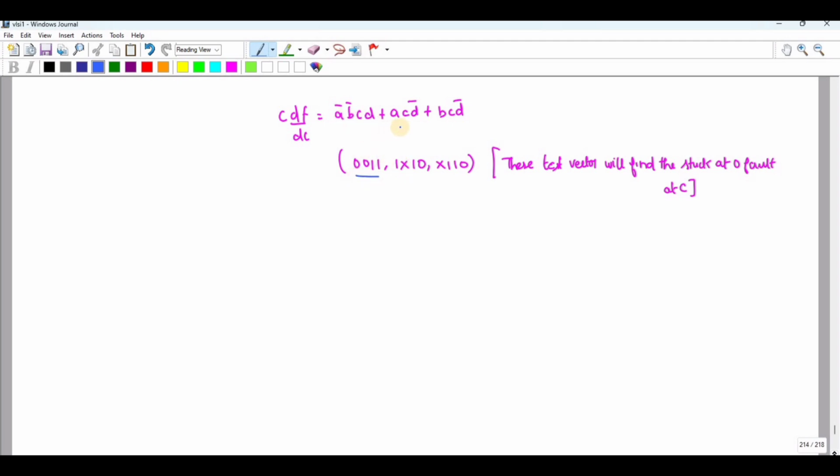For the next term, b value is unknown, so b is x, c is 1, d bar is 0. Likewise, a is not available, so x 1 1 0. So these are the three vectors. So 1 x 1 0, I can write as 1 0 1 0 and 1 1 1 0. Totally, you can see nearly 5 test vectors are there which will identify the stuck-at-0 fault at c.